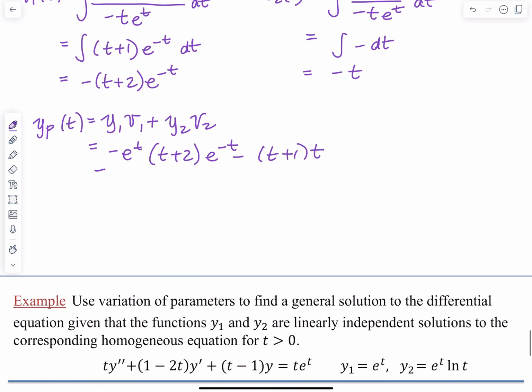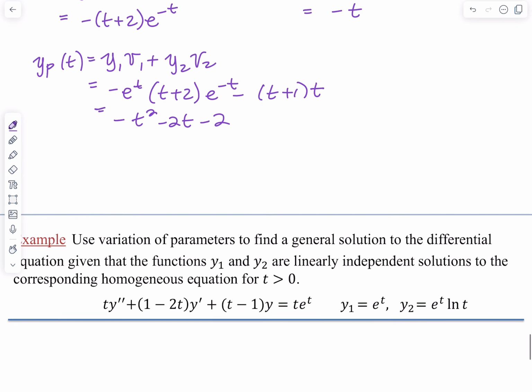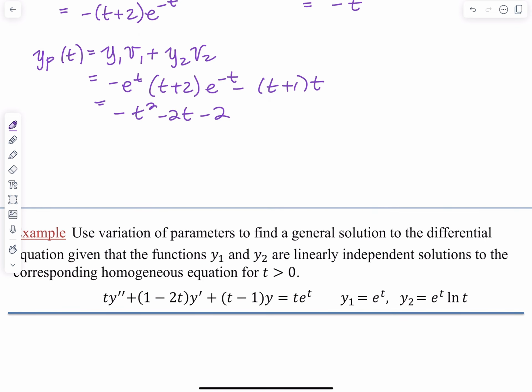And simplifying that, we come up with the opposite of t squared minus 2t minus 2. And that is our particular solution.